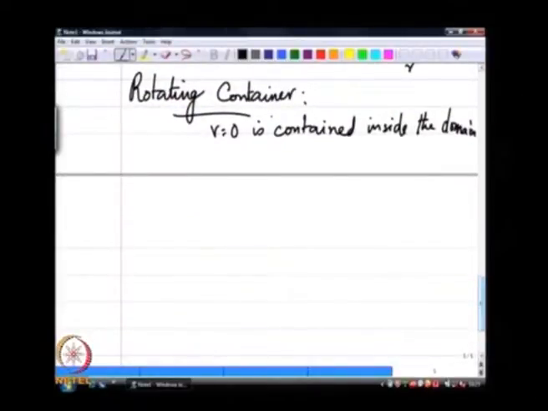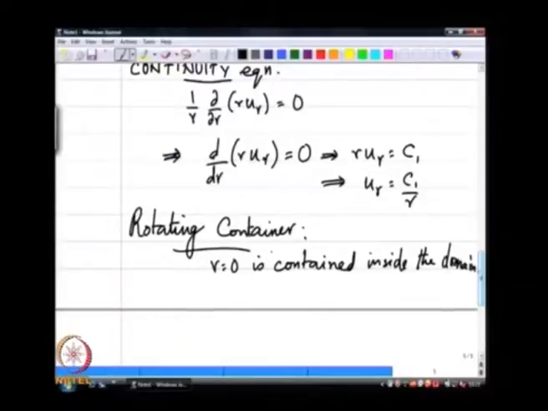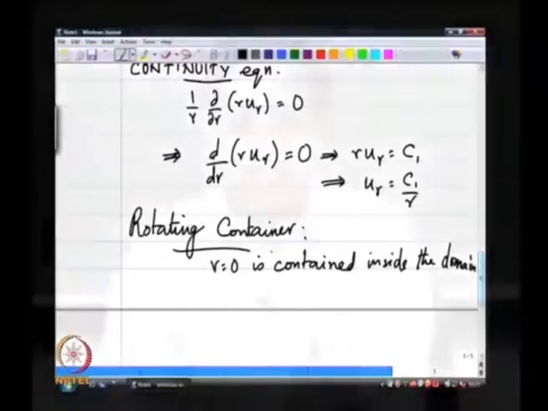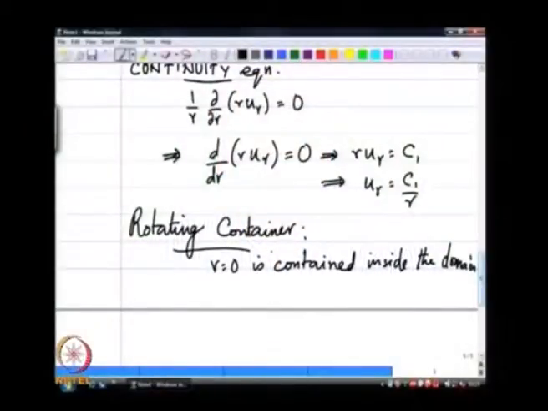If u r is of the form C 1 over r, and this is the only admissible form for u r, and r equal to 0 is contained inside the domain, that amounts to an infinitely large radial velocity at the center line.